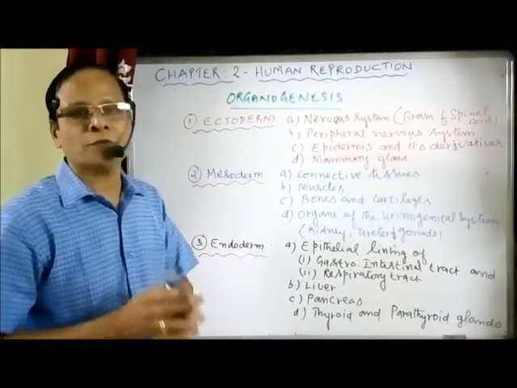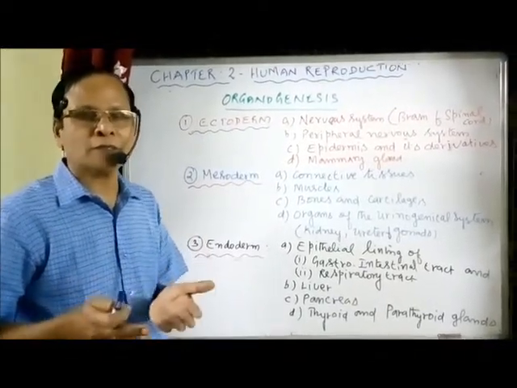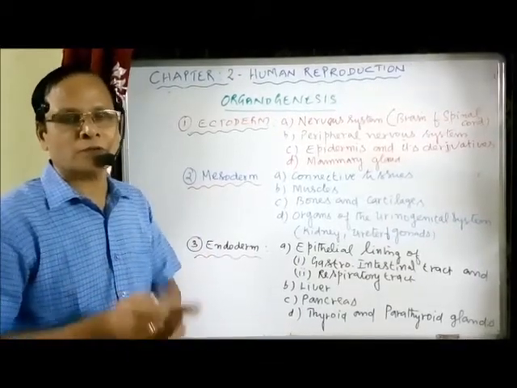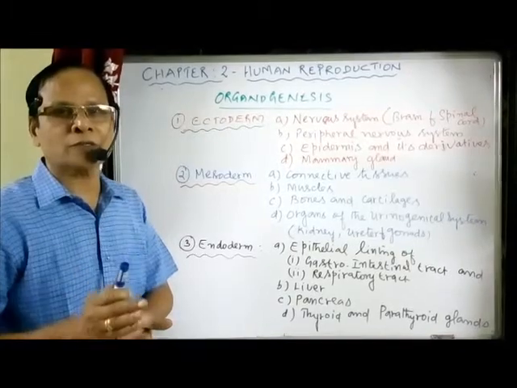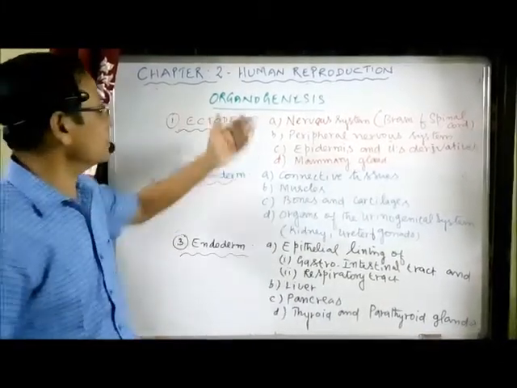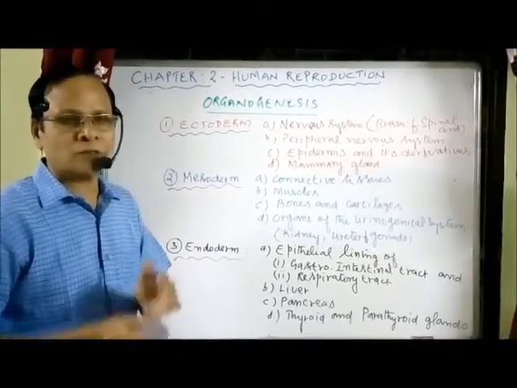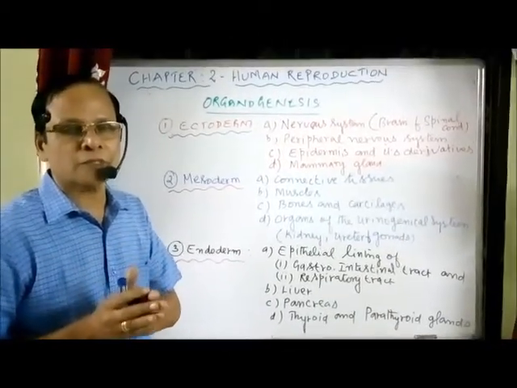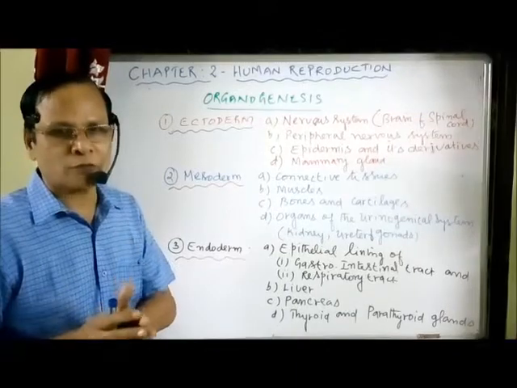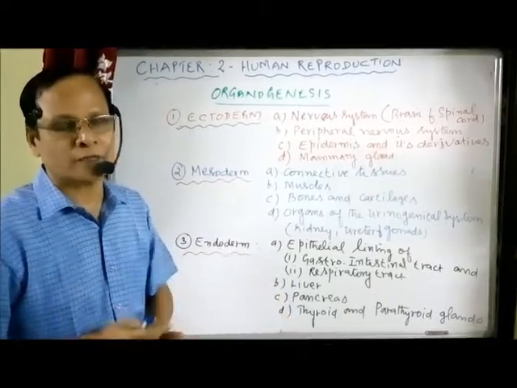The process of formation of tissues, organs and organ systems from the 3 germinal layers, namely ectoderm, endoderm and mesoderm, is called organogenesis. So the 3 primary germinal layers act as the primitive tissues from which the various organs are developed.